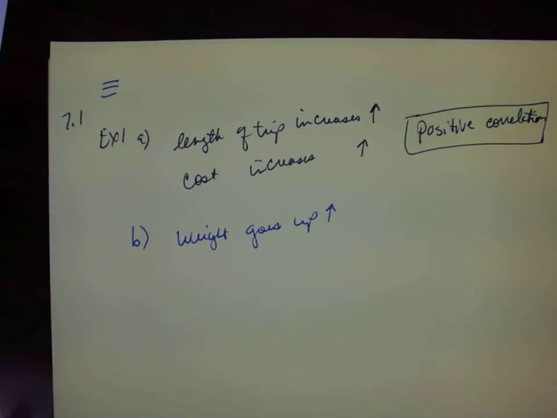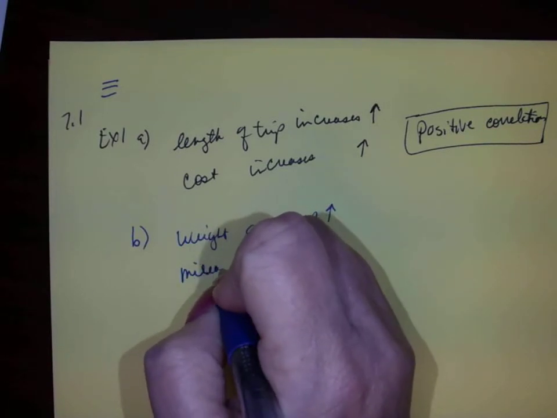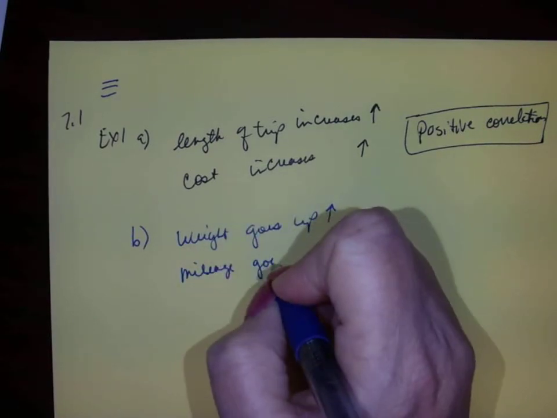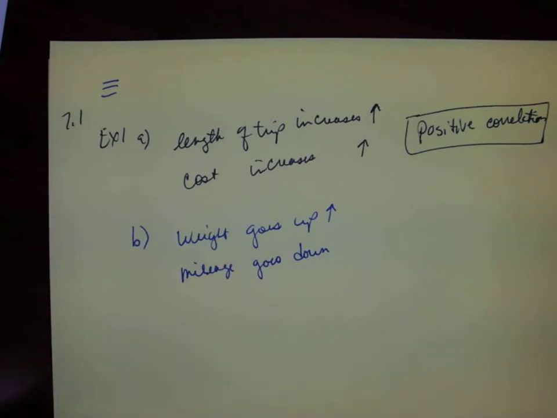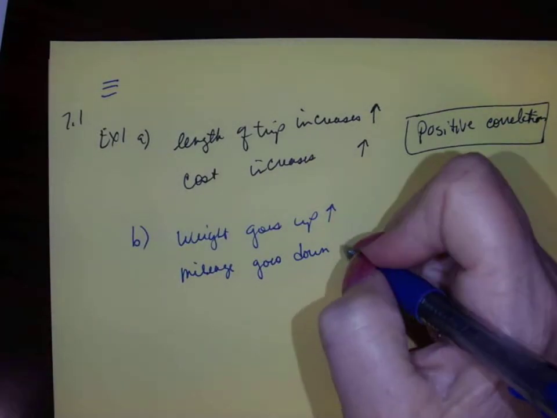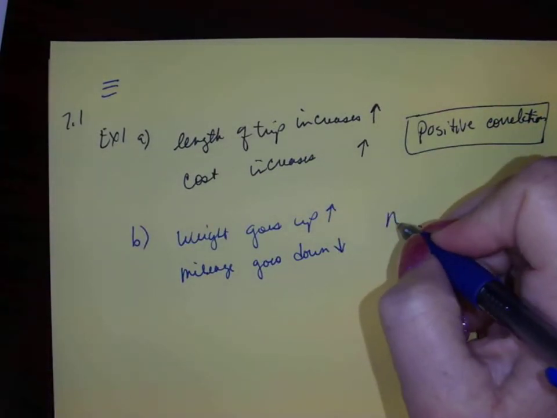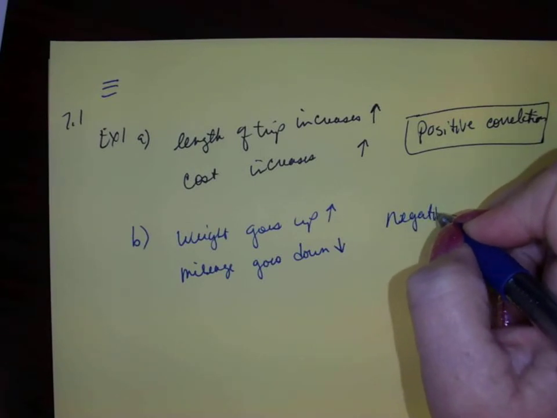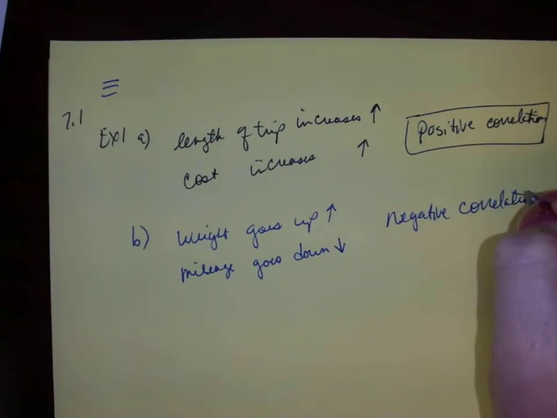How far we can travel on a gallon of gas. My mileage will go down, right? The heavier the car, the more it's got to pull. So it's going to go down. So this will be a negative correlation. Okay.